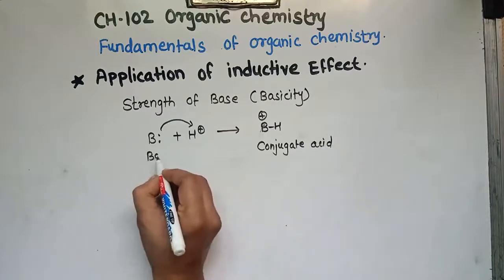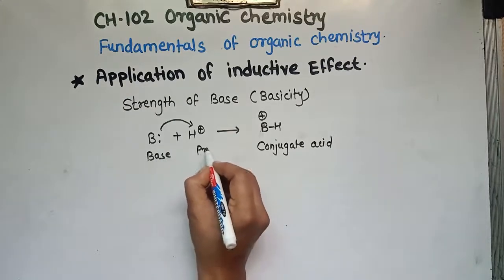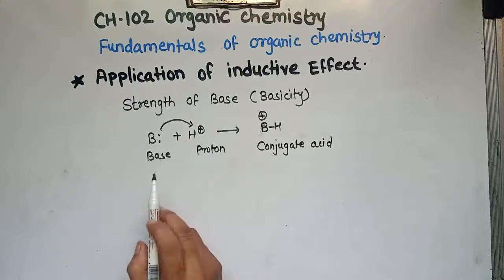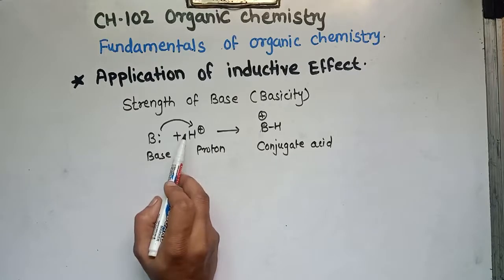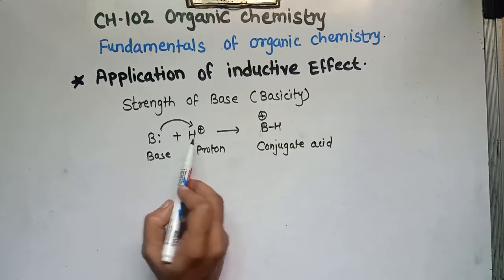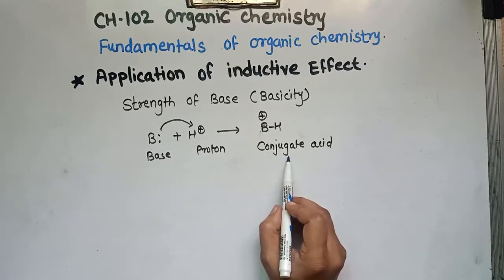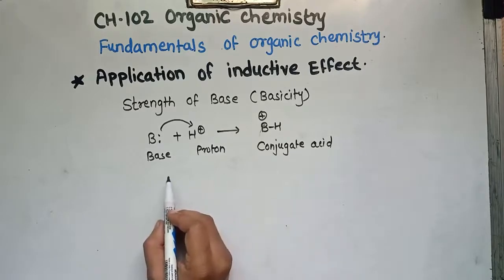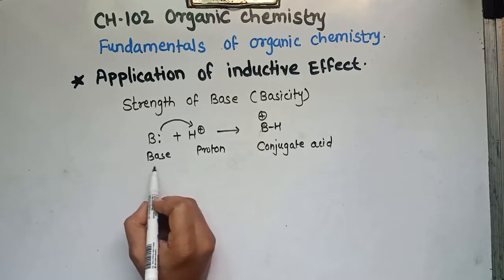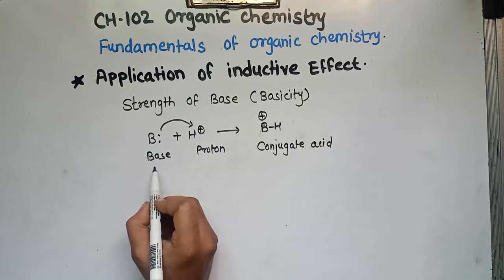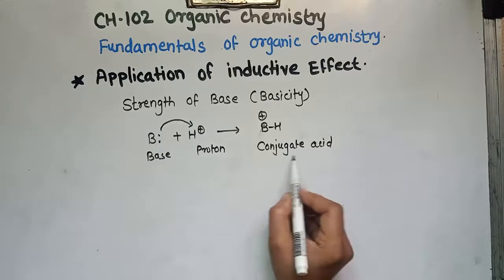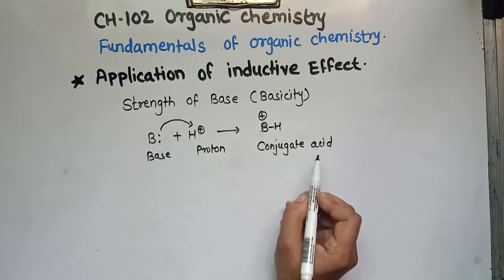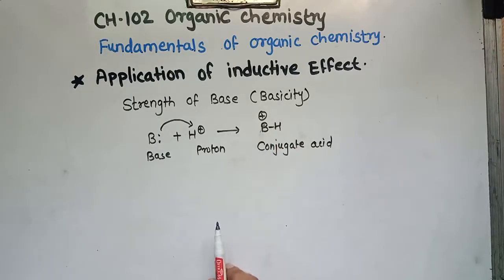This is the base. This one is the proton. So this base donates a pair of electrons to the H plus and forms a conjugate acid. The condition is that the availability of the electron pair, the tendency to donate this electron pair, and the stability of this conjugate acid show the basicity.